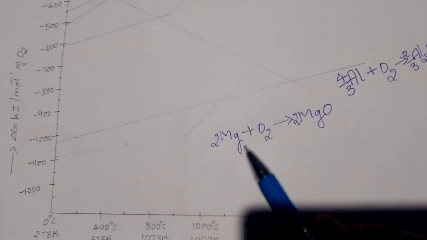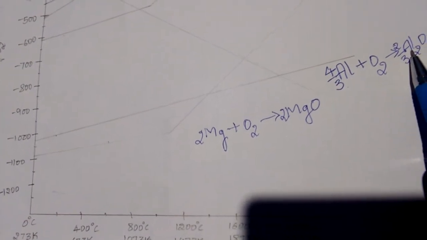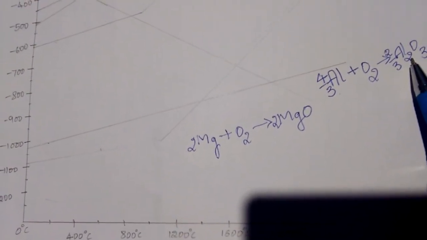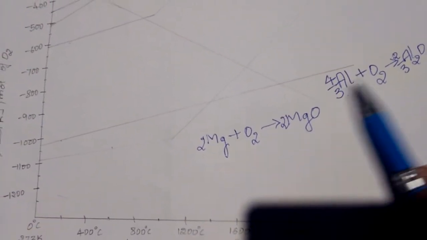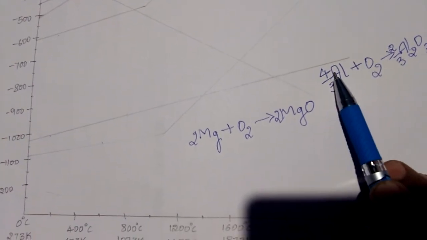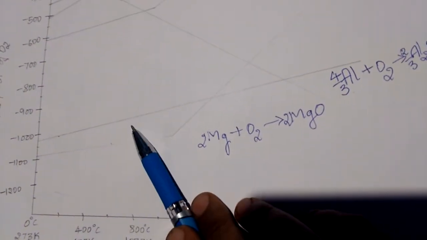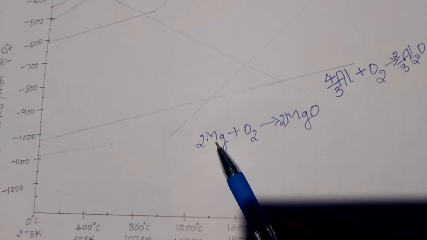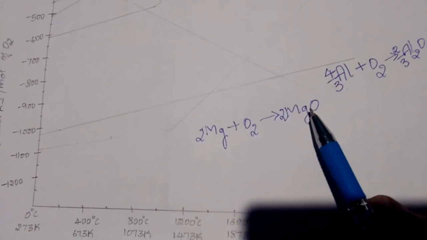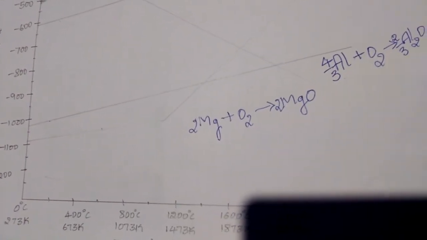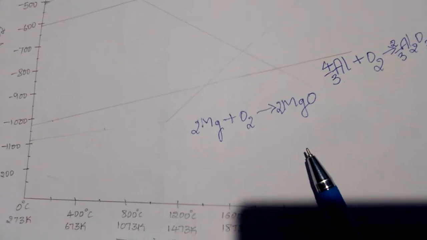If you use magnesium as the reducing agent for aluminium oxide, then it can reduce aluminium oxide to aluminium, because at a given temperature the formation of magnesium oxide is more spontaneous than the formation of aluminium oxide.